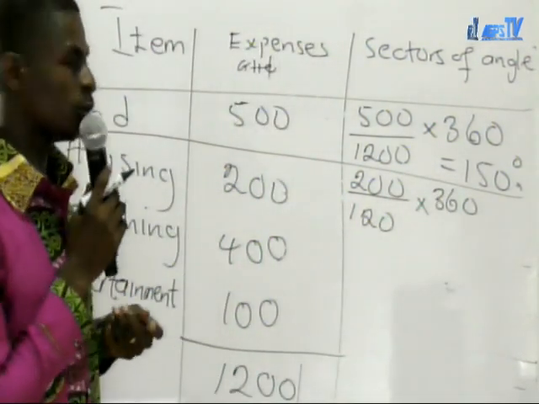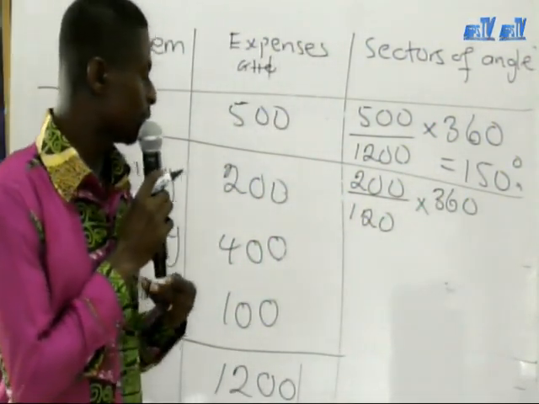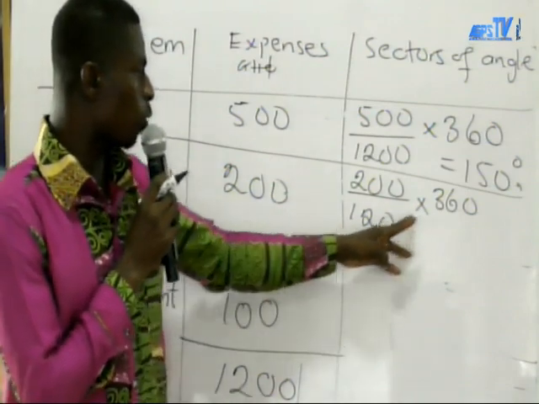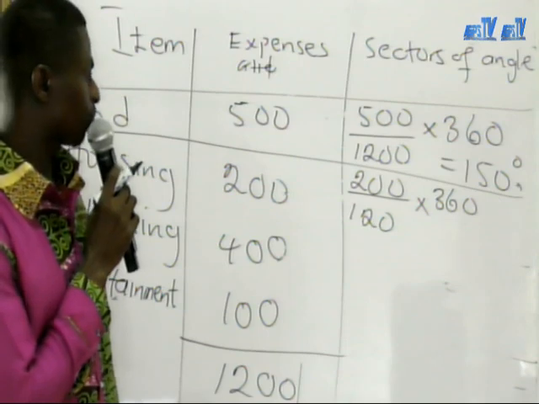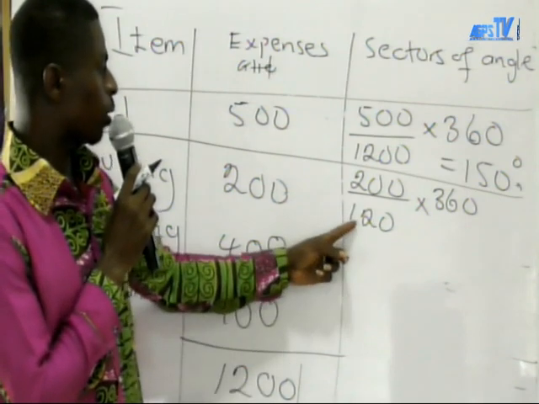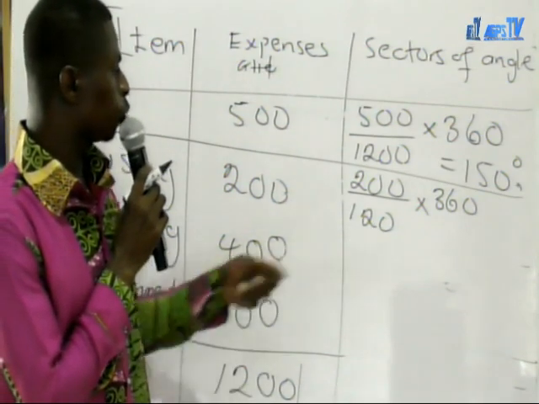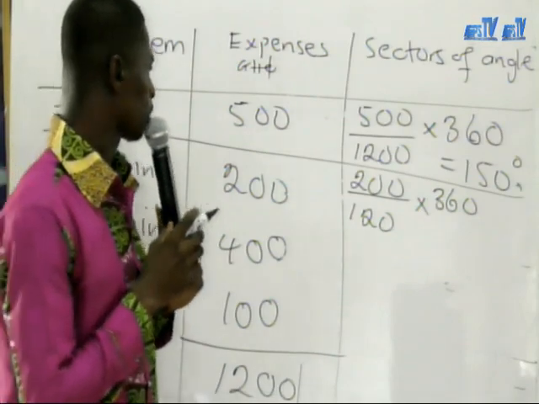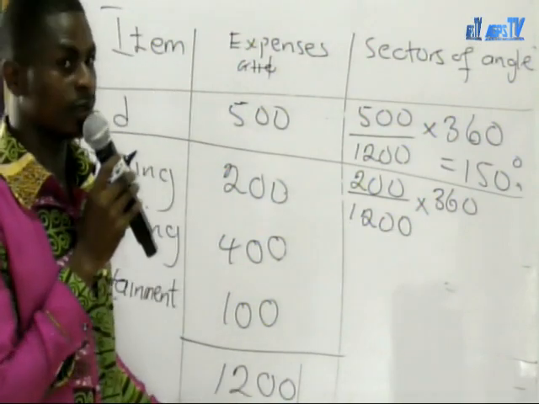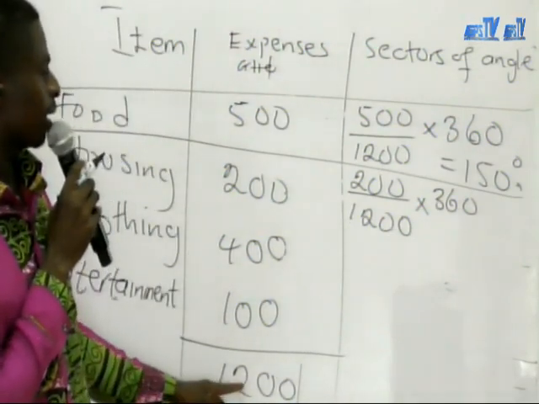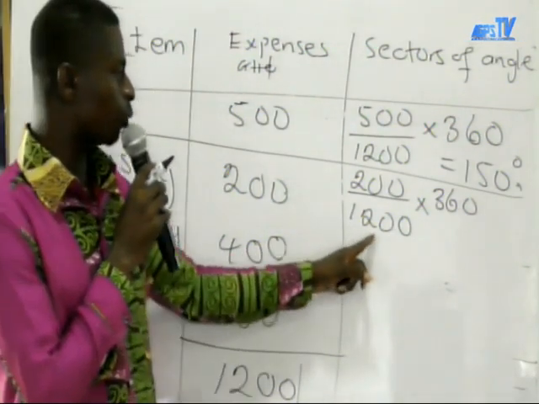Once again, we can do this simple calculation. 0 will go into 0. Then we have 12 going into, this is 1,200. The total is 1,200, forgive me. The total is 1,200 and not 120.